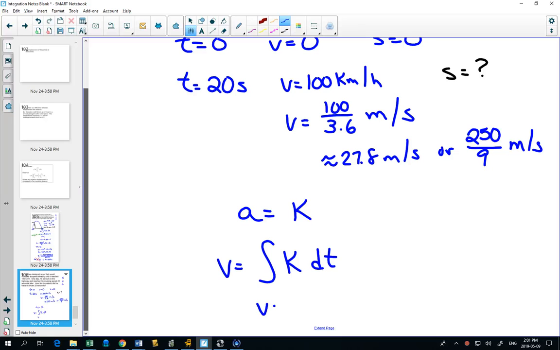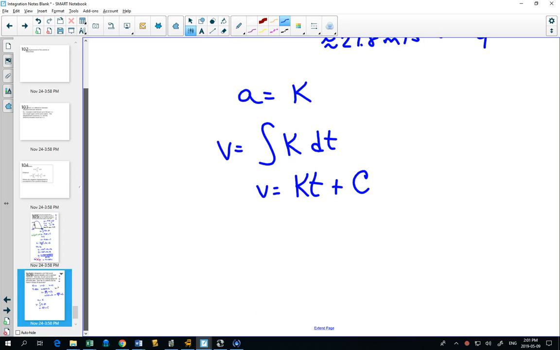And so my velocity is going to be kt plus c. And since I know my initial velocity is 0, I know that c would equal 0. So my velocity is just kt.